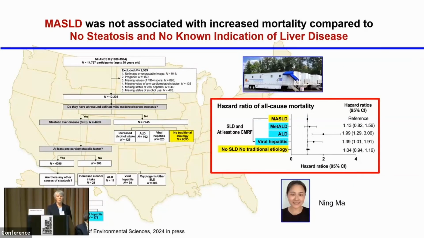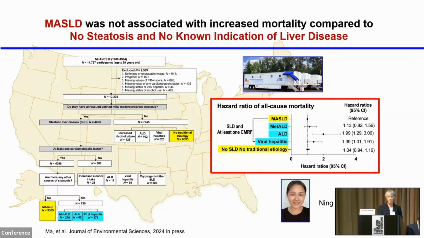So MASLD is extremely prevalent, as I say, 33% of the adult population, but fortunately it has an incredibly low case fatality rate.